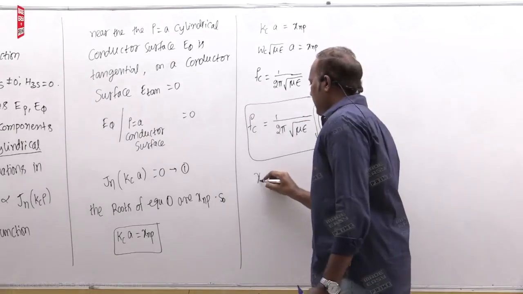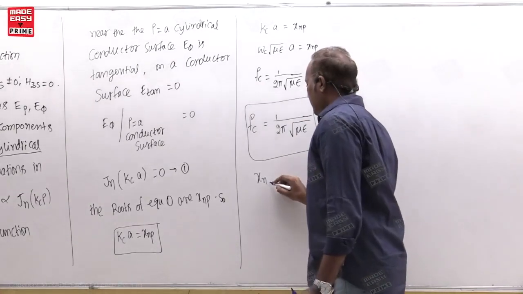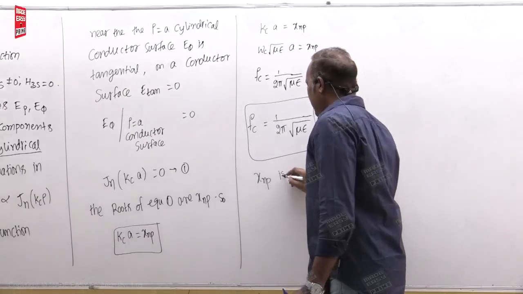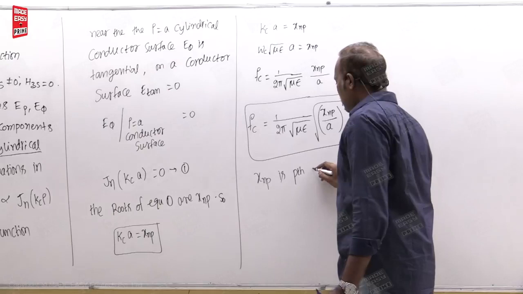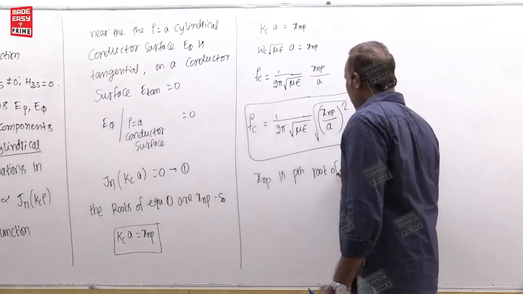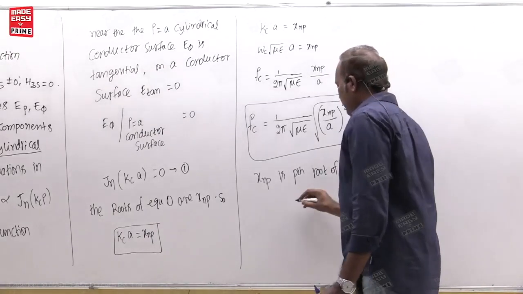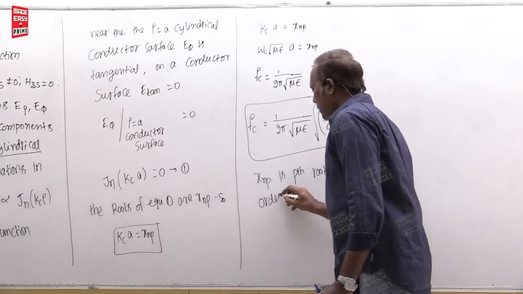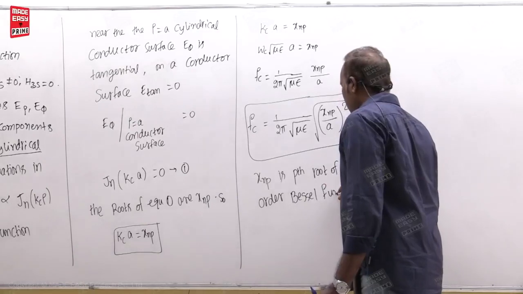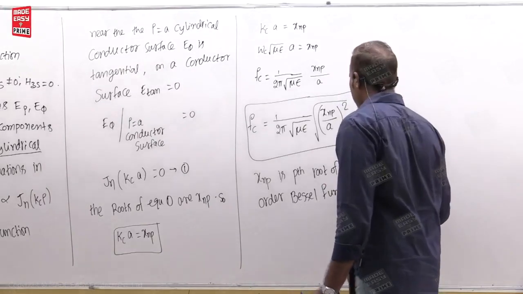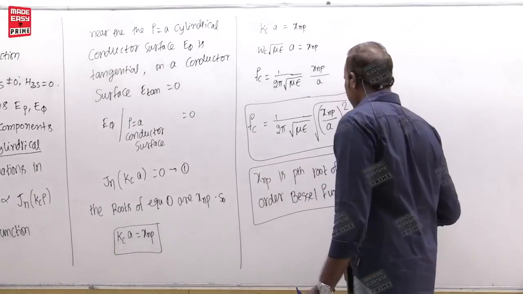Now here x np is the pth root of the nth order Bessel function. This is one thing.